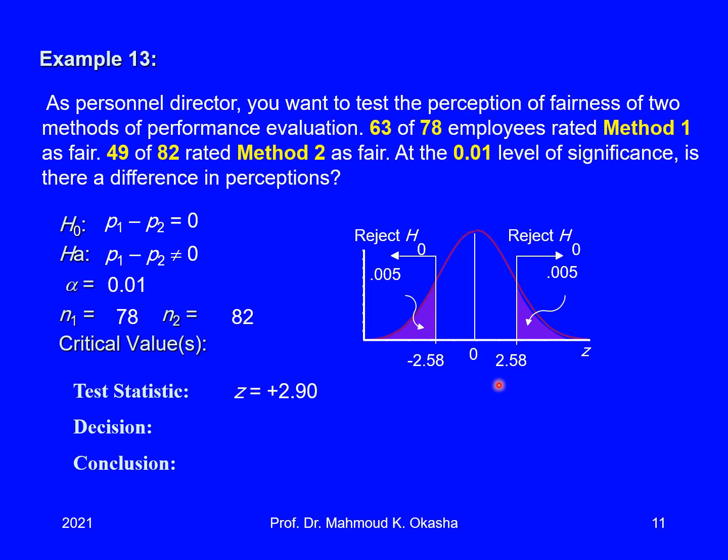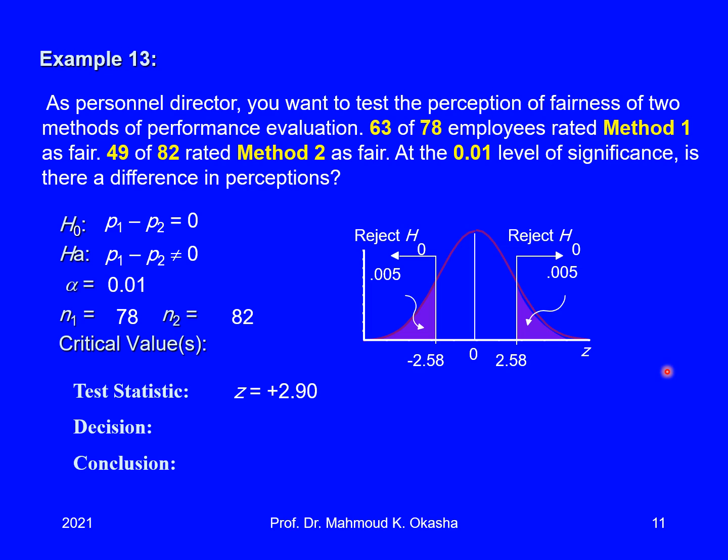From the table, we get the critical values, which are minus 2.58 on the left-hand side and plus 2.58 on the right-hand side.